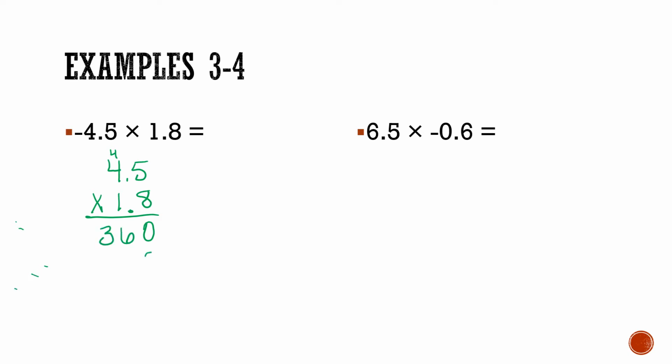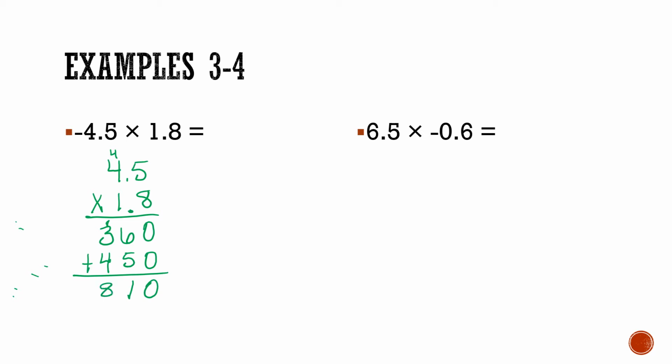This time we will need to put our 0 as our placeholder and then multiply by this 1 here that's in the ones place. So 1 times 5 is 5, and 1 times 4 is 4. We'll add these up. 0 and 0 gives us 0. 6 and 5 give us 11, so 1, and then we're carrying a 1. So 4 plus 3 is 7, plus that 1 we carried makes 8.